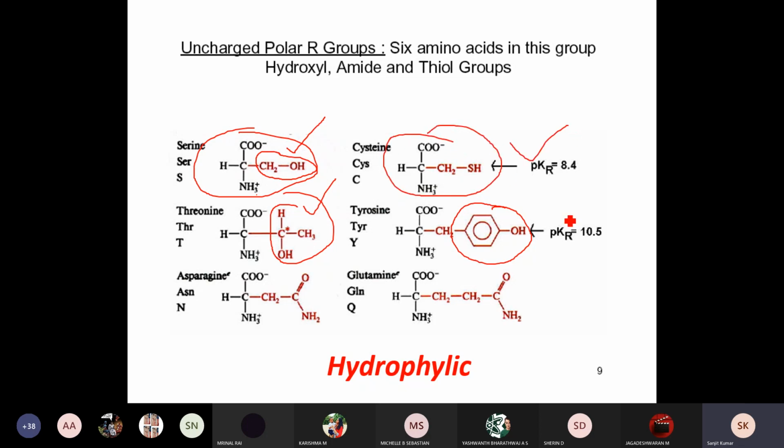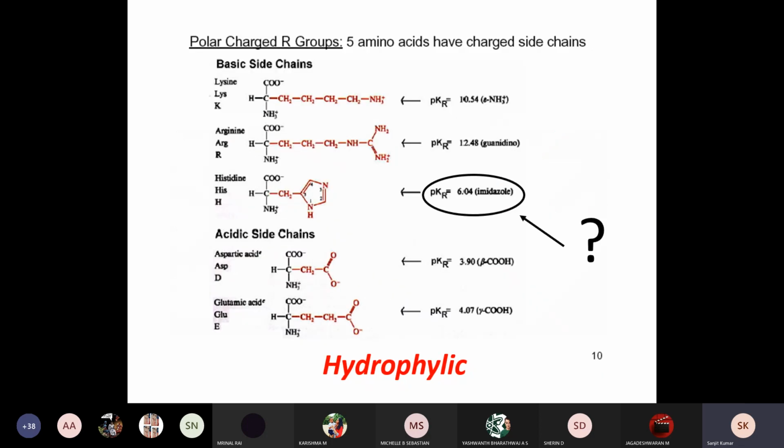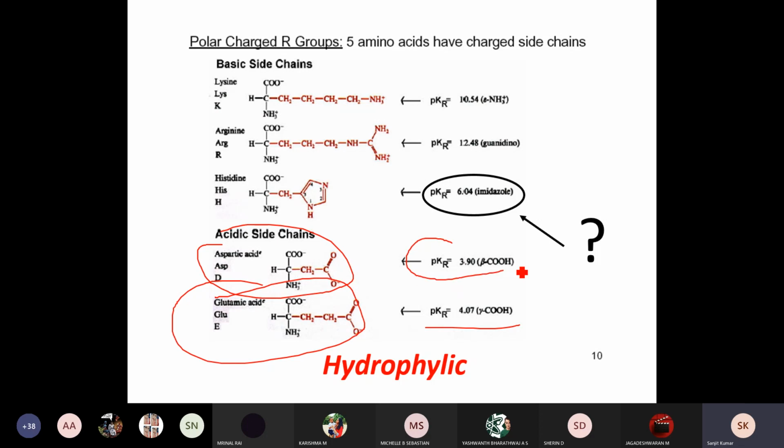Remember the pKa value is 8.4, and 10.5, and these are the basic side chain amino acids: lysine, arginine, histidine. You people know about these things: aspartic acid, glutamic acid. Just remember, if it is acidic, the pKa value is 3.90 for aspartic and 4.0 for glutamic.